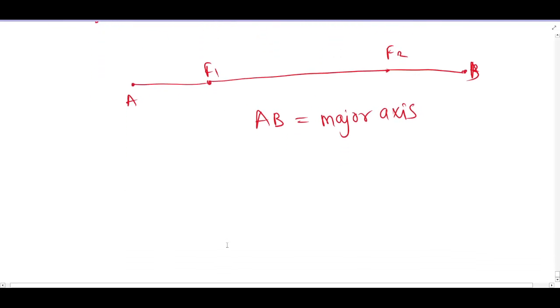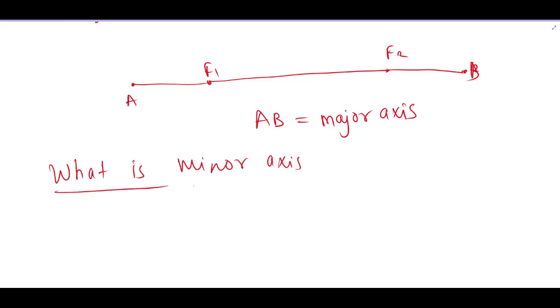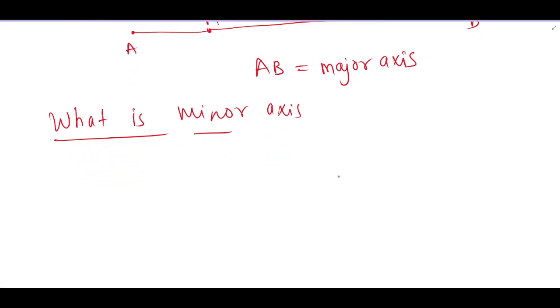Second, what is a minor axis? The line segment through the center and perpendicular to the major axis. We know how to locate the center of ellipse. This is focus 1 and this is focus 2, so the midpoint between F1 and F2 will be the center of ellipse.